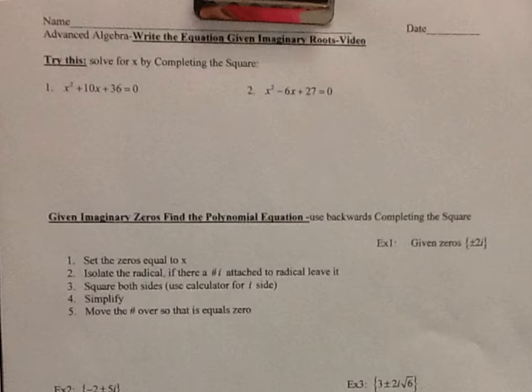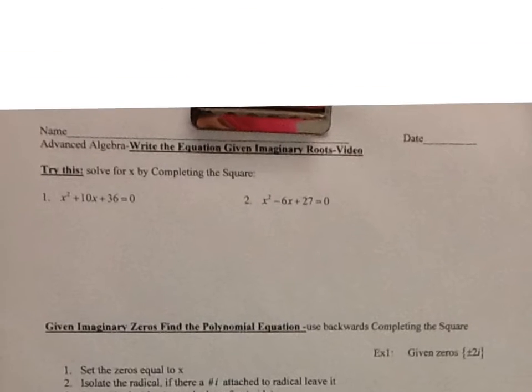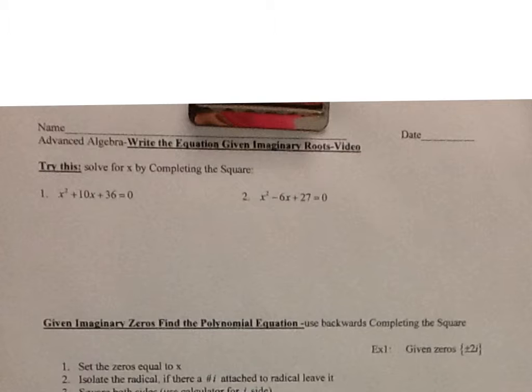Okay, so for number 1, we're first going to subtract 36 from both sides. So I get x squared plus 10x equals negative 36. All right, now remember we do half of the number in front of x, half of b, which is 10.